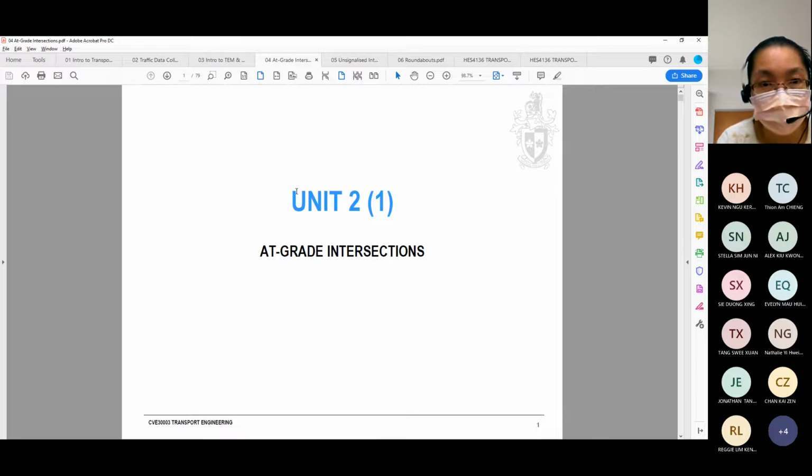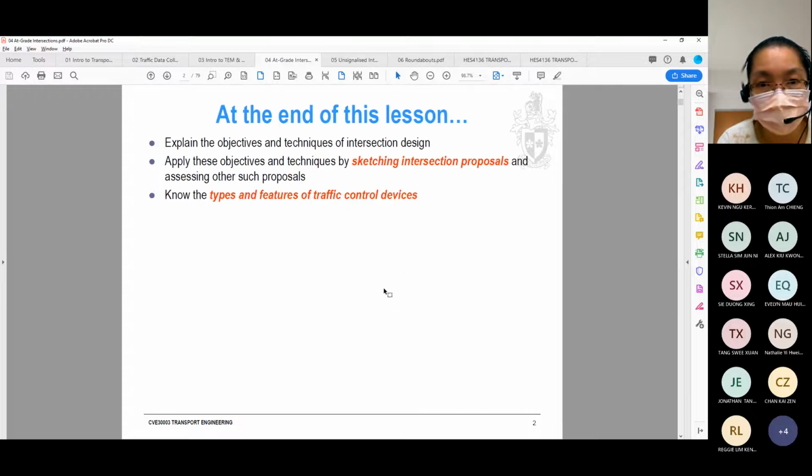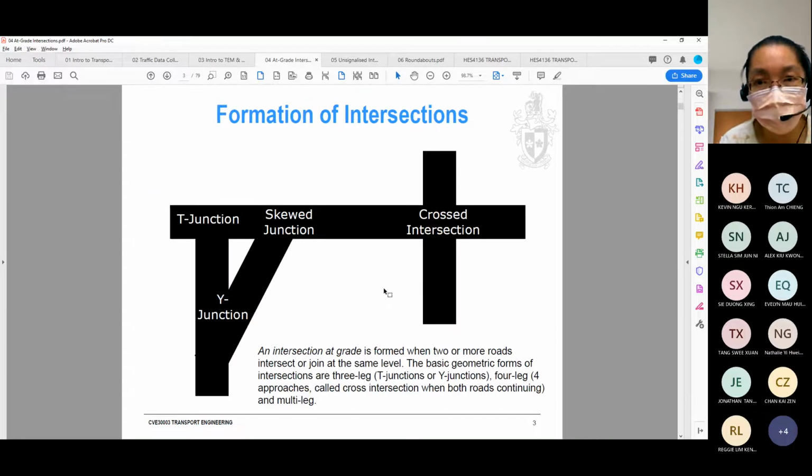If we look at week 4, we discussed at-grade intersection. In the first part, we just looked at how we use channelization and unsignalized intersections to treat the intersection. We are not dealing with analysis yet.